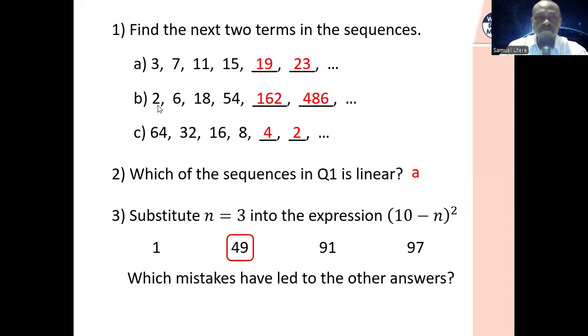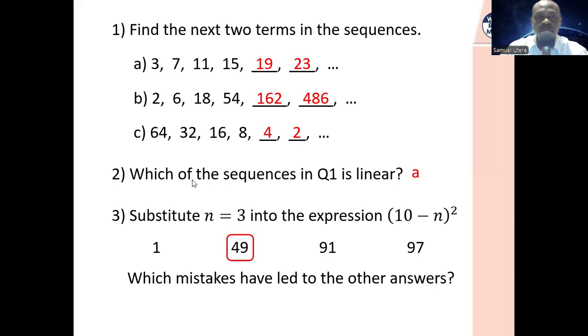If you multiply 2 by 3, you get 6, 6 by 3, you get 18, and so you can do the same to get the other terms of that sequence in 1b. In 1c, it is clear that we are halving. So each time you halve the previous term to get the next one.